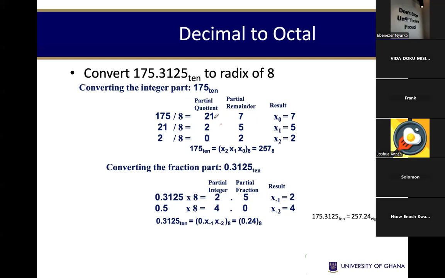Good. Multiply 21 by 8. What would you get? 168. Subtract 168 from 175. That's 7. So that's your 7 here. Okay, thank you, I get it.